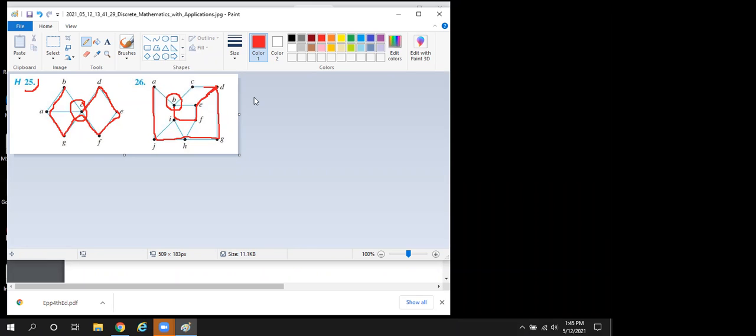So in some sense, it's a little bit like the Euler circuit because, as you're tracing around a shape, you need to be able to enter and exit that shape, right? And B is not allowing that to happen in this case, right?